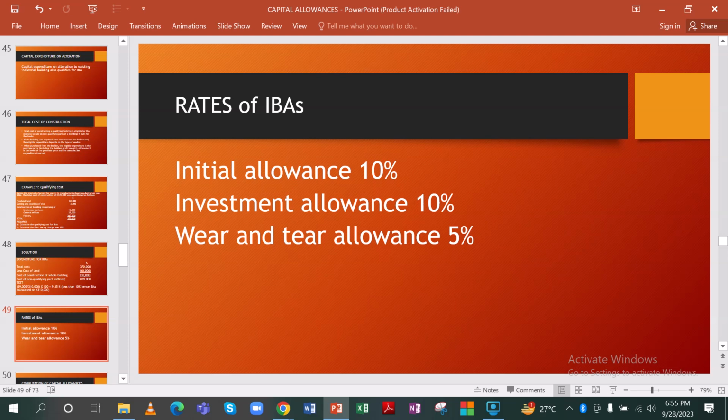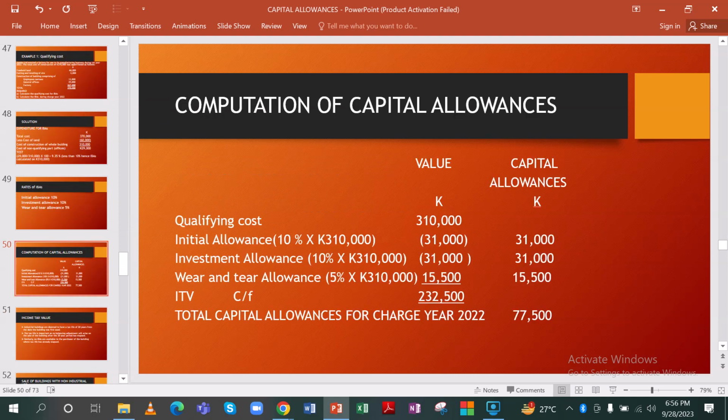So now let's continue and look at how we calculate these allowances for industrial buildings. We have settled for the qualifying cost as 310. That's what you are seeing here under the column value.